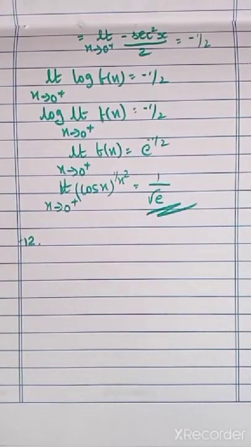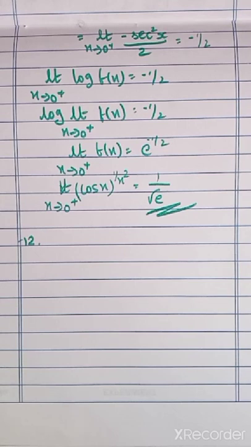12th question. If an initial amount A naught of money is invested at an interest rate R compounded n times a year. So A naught amount is deposited, interest rate R compounded n times a year. And after some years, the value of the investment, what is the amount?